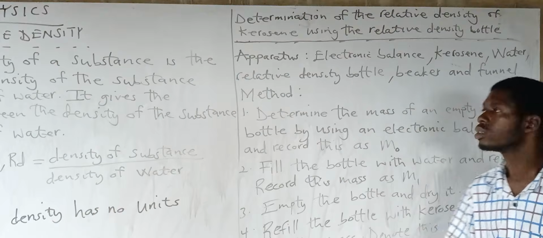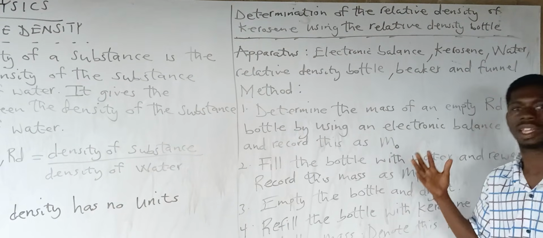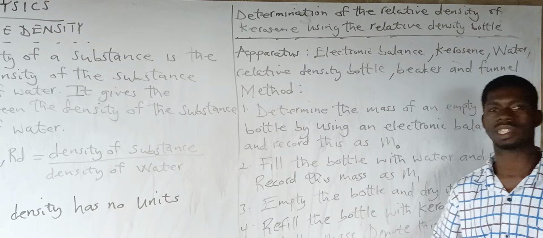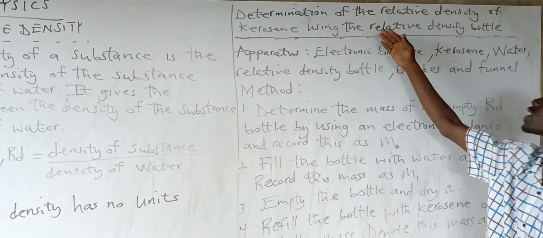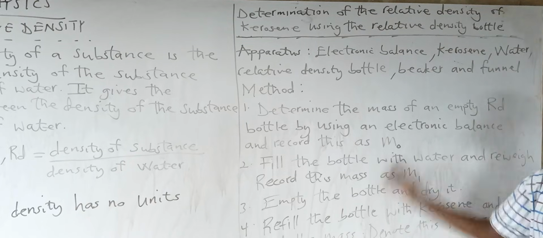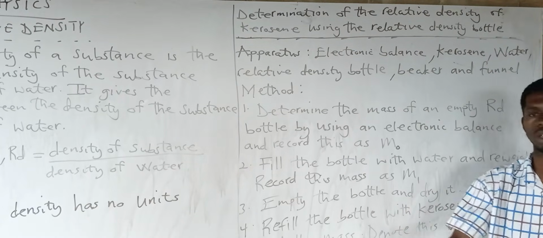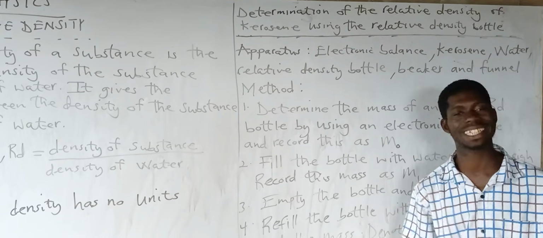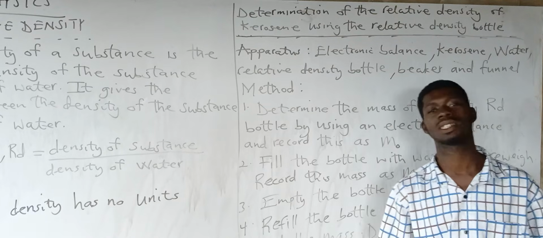So we have this experiment here: determination of the relative density of kerosene using the relative density bottle. As I said, the substance can be anything, so for this experiment they are using kerosene.